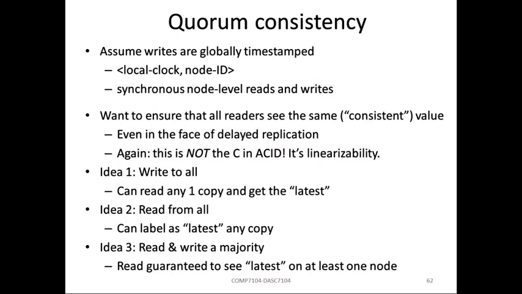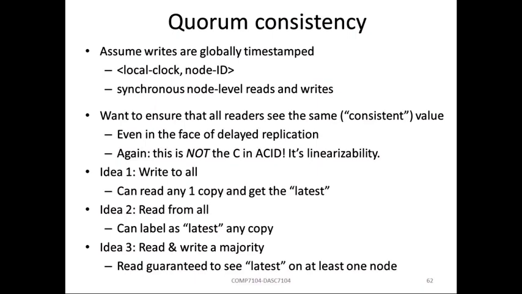But still, if we want some form of strong consistency, then there is a weaker notion of consistency that we can settle for, and this is called quorum consistency. It's a weaker form of replica consistency that is often seen as a form of strong consistency, even if this is not linearizability.